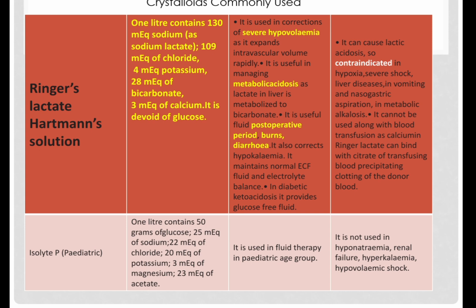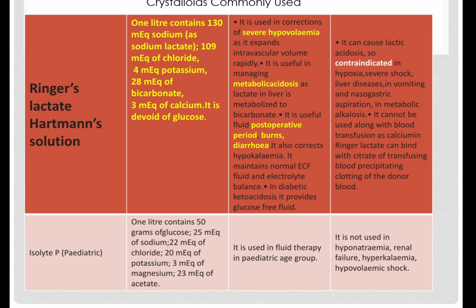So Ringer's plain does not contain glucose, while Ringolec D also contains glucose along with sodium, potassium, bicarbonate, and calcium.